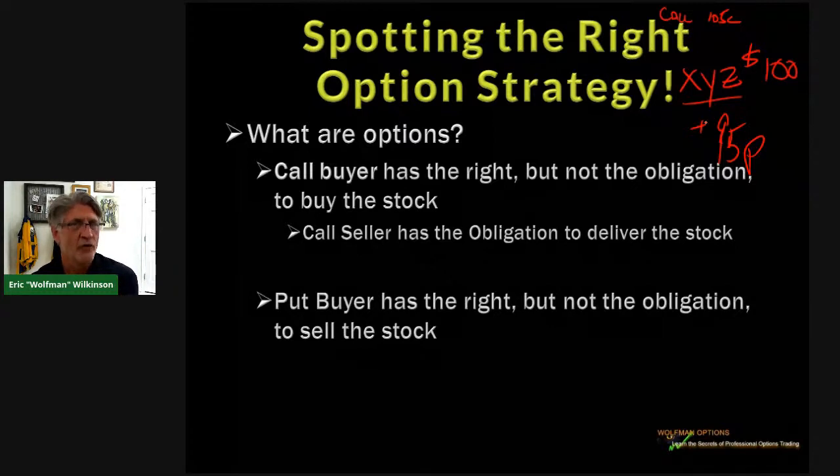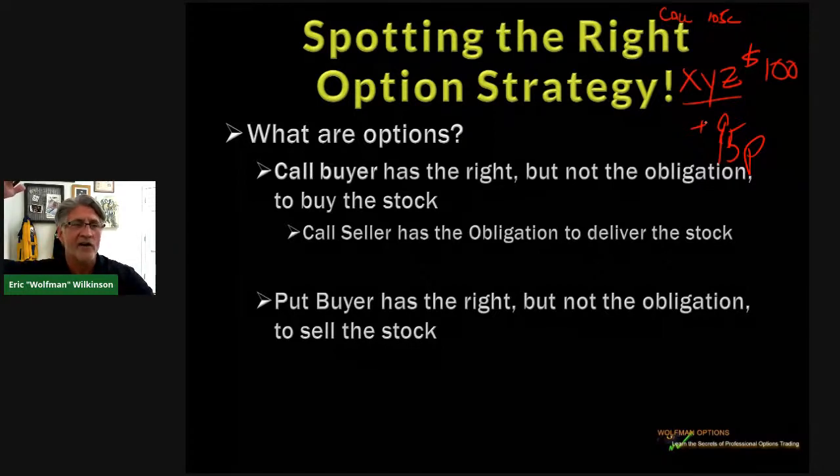If it's trading 100, do I want to sell XYZ stock at 95? No. So I don't exercise my right. But if it goes down to 50 and I can sell it at 95, am I going to exercise that right? Absolutely. I would hope you would.